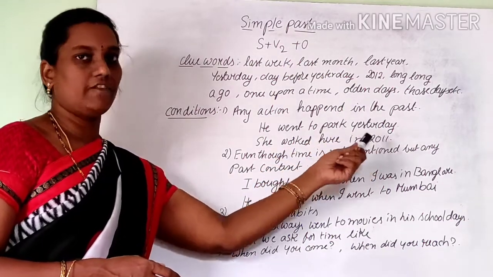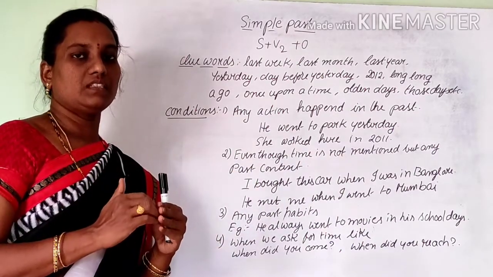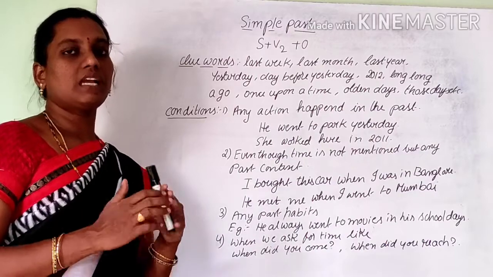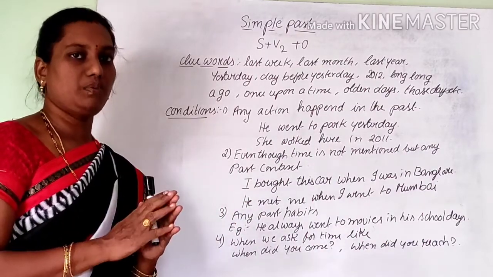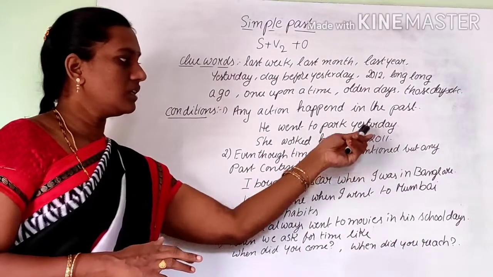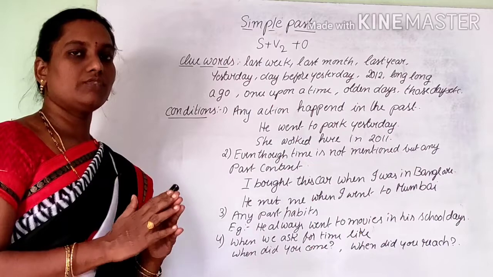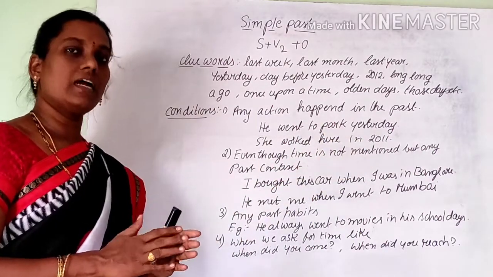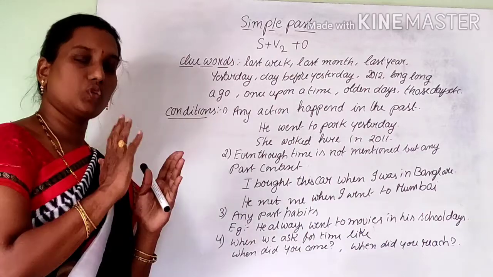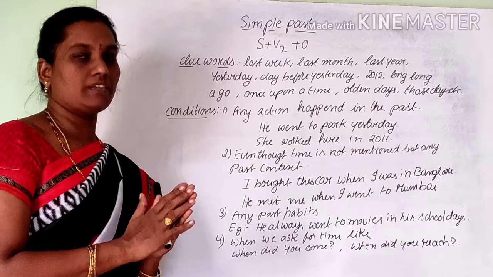And 2011, I already told you, except the present year, any past year can be a clue word for simple past. So 2011 is a past year and it is a clue word for simple past. From this time we can understand that the action happened in 2011, so the sentence should be in simple past.